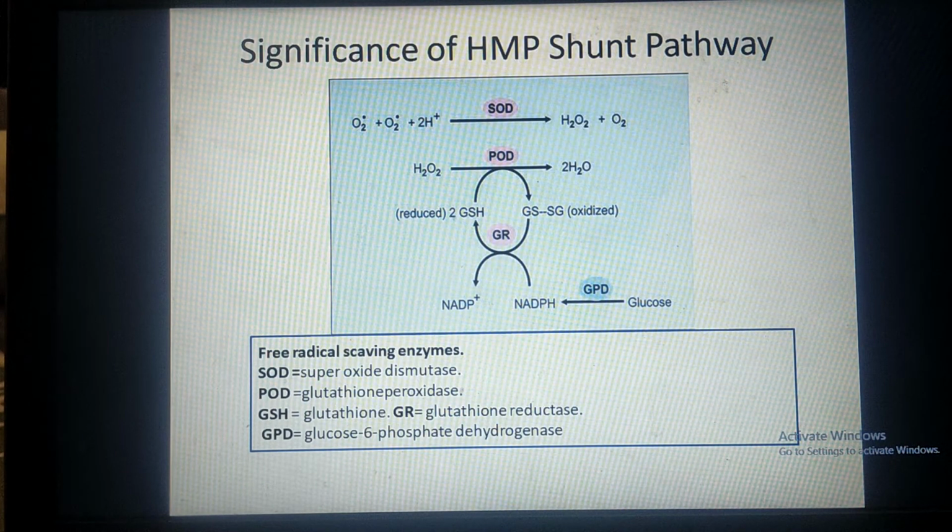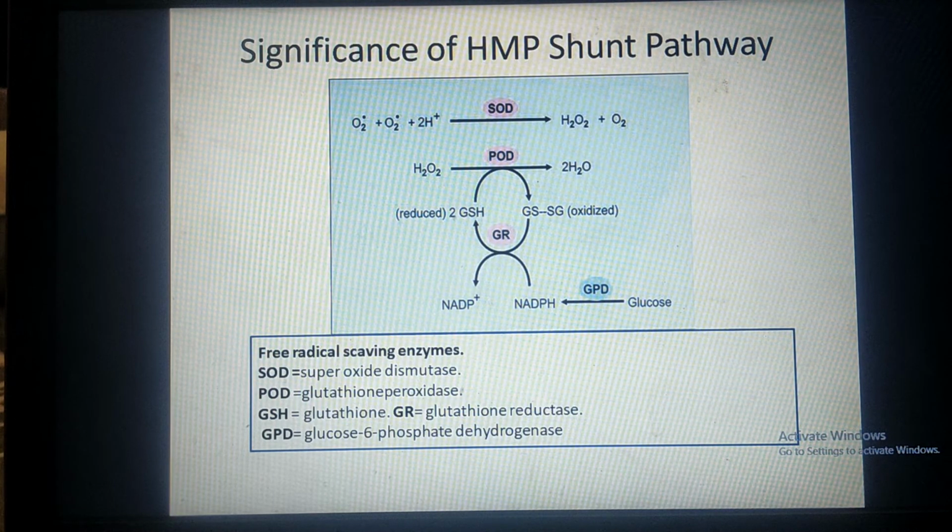GSH indicates the reduced form of glutathione, whereas GS-SG indicates the oxidized form. Therefore, this glutathione should be reduced back so that it can again supply two hydrogen atoms for peroxidase and the cycle continues.